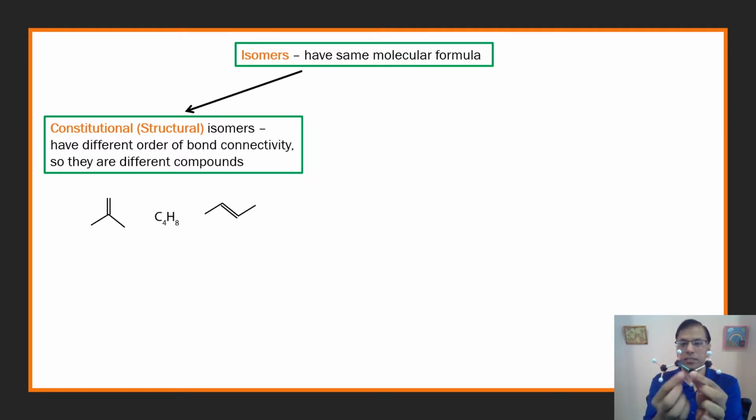It has 4 carbon atoms, and it also has 8 hydrogens. So these two molecules have the same molecular formula, but they differ in the way the bonds are connected, and hence they are called structural isomers or constitutional isomers.